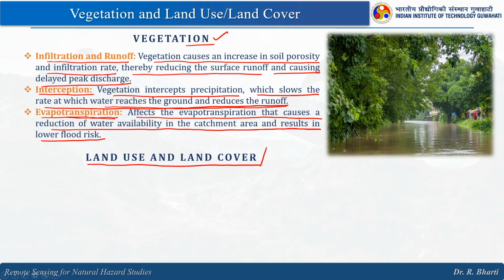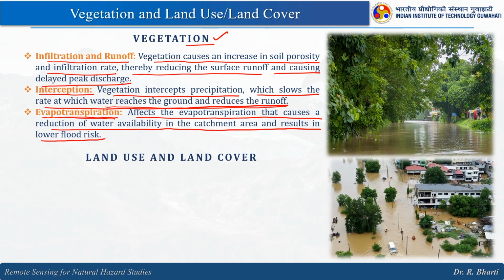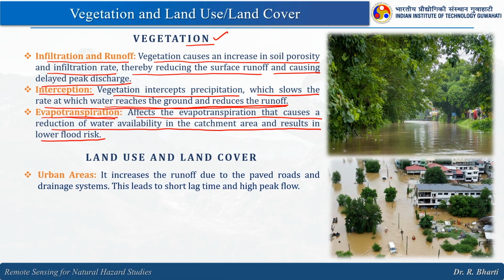Land use and land cover are two parameters, but we always consider them together, because land use is how we are utilizing the land, and land cover is the natural land cover, how it was before we utilized it, right. So, it is very difficult to segregate these two.